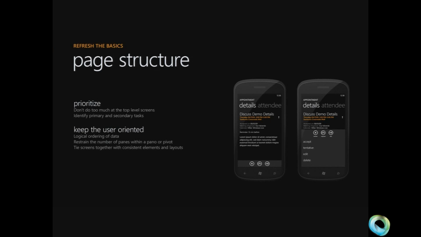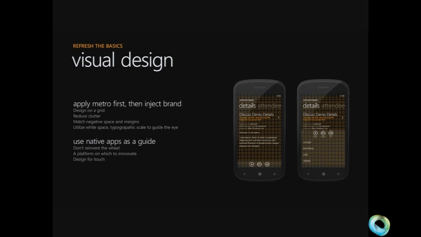Excuse me. Visual design, we're going to talk about this a little bit, and maybe I'll show you a live demo. If you notice the screen on the right hand side, it has a little grid, which you don't normally see in the phone, but it's always there. It is the crux of Metro. It's what gives us symmetry and hierarchy, right? So it's okay if you start with a very default look and feel, which is Metro, and that's nice because some of the templates that we get in our SDK already get us a long way to being a Metro style app.